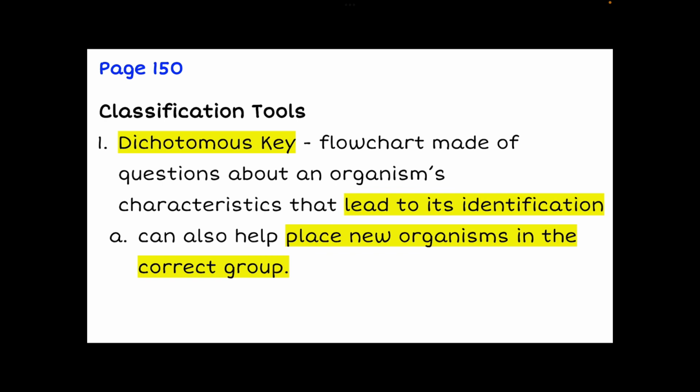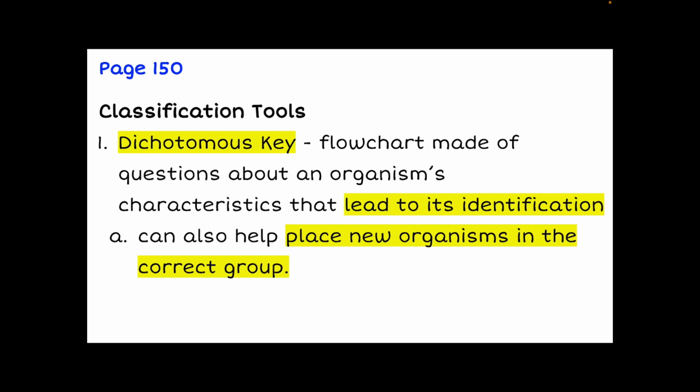A dichotomous key is a classification tool. We use it to figure out what the identification of an organism is based on its characteristics. We answer questions as we go and follow the flow chart until we finally come to the name of the organism.